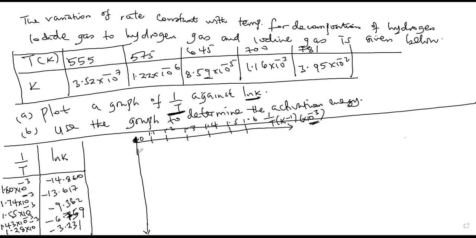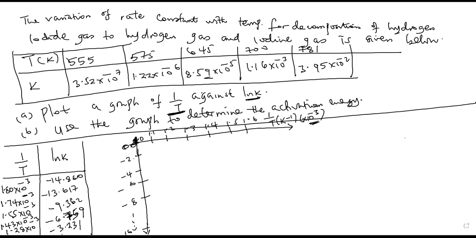Then for this axis, since you have from -3 up to 14, you can use a factor of 2. You can start from 0 on this axis as well. Then you say -2, -4, -6, -8, up to maybe -14 or 16, something like that.